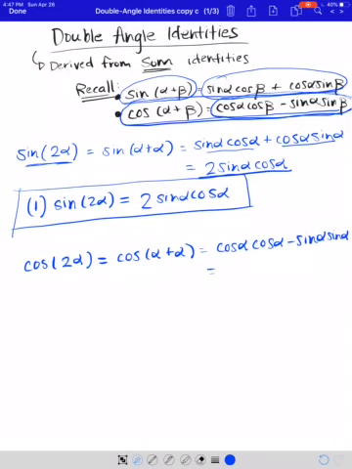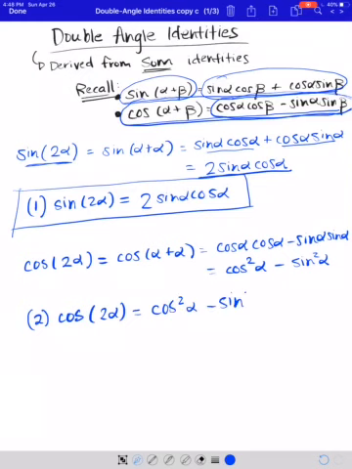When we simplify, cosine alpha times cosine alpha is cosine squared alpha, and sine alpha times sine alpha is sine squared alpha. And there we go. This is our number 2 identity. The double angle identity for cosine says cosine of 2 alpha is equal to cosine squared alpha minus sine squared alpha.